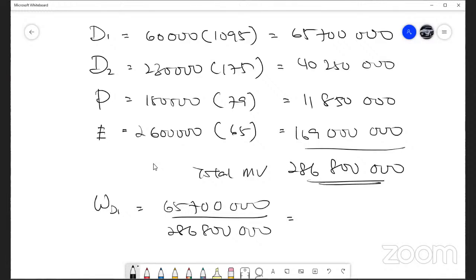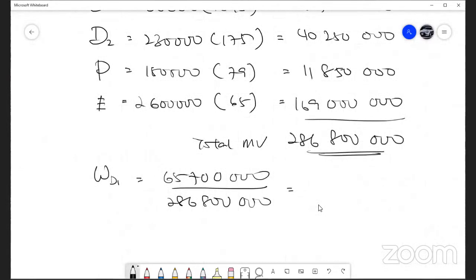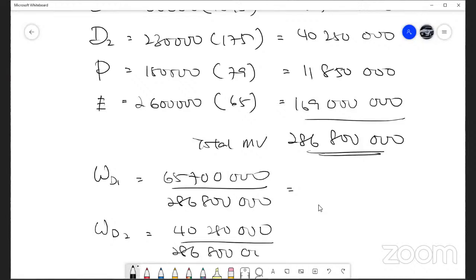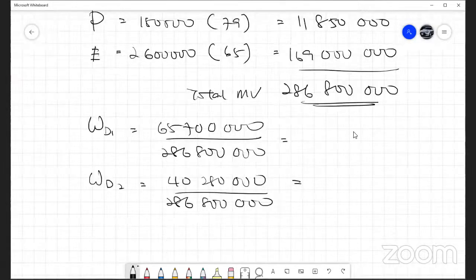Okay, this is the first step, WD1. So calculate the figure here. Then calculate WD2: 40,250,000 divided by 286,800,000. So please calculate for me, I don't have the figure yet.